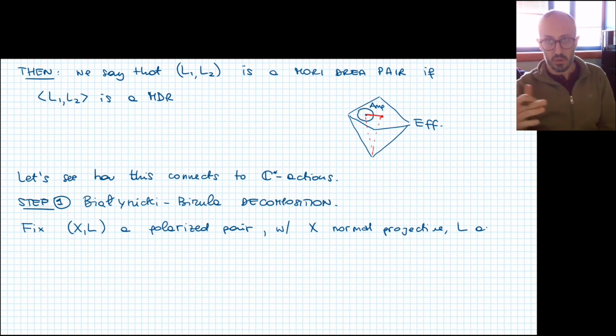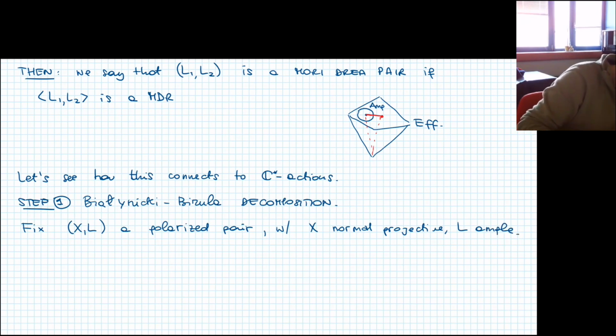And assume that the action admits a linearization on the line bundle.